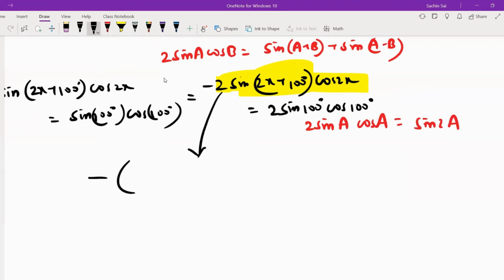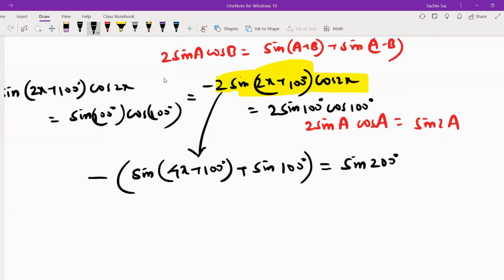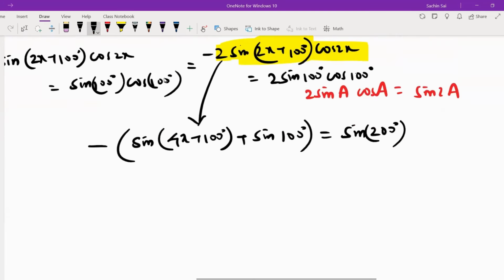Minus of 2 sine A cos B is sine of A plus B, that is 4x plus 100 degrees, plus sine of A minus B, that is 100 degrees. Whereas the right hand side is 2 sine 100 cos 100. So that is sine 200 degrees.